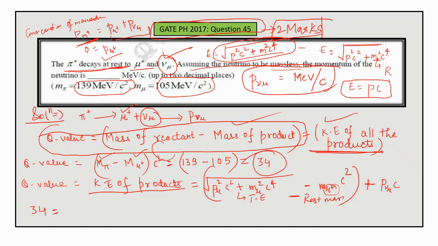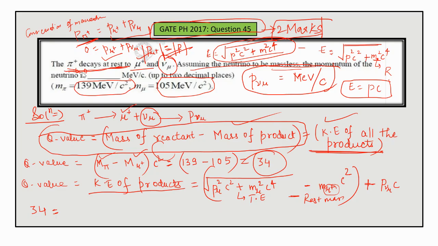What do you infer from this information? You infer that the momentum of the muon and the muon neutrino are equal and opposite in direction. The magnitude is equal, but they are opposite in direction to conserve the momentum, because on the left hand side we have the pion, whose momentum is 0. So on the right hand side the decay products should have equal and opposite momentum.